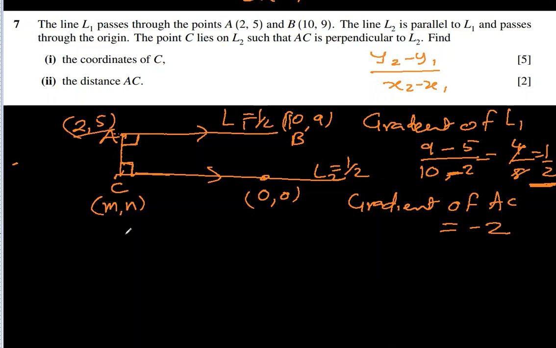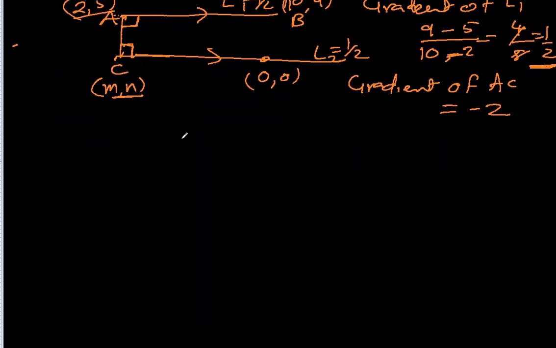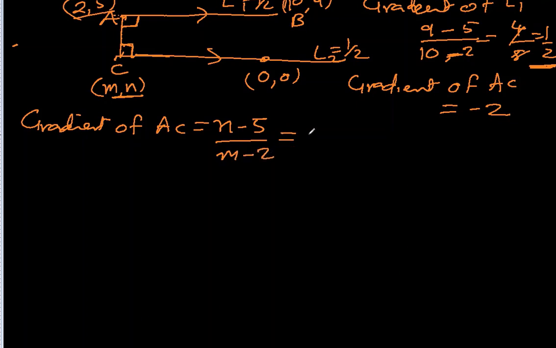So let's find an equation in terms of m and n from these two facts. First one, the gradient of AC will be again y2 minus y1 over x2 minus x1, and we know it is minus 2. We just found that out.